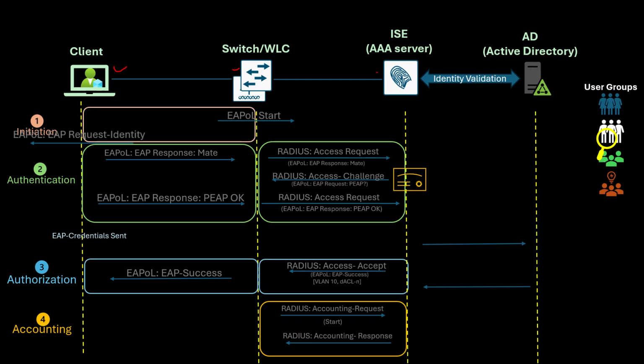The client will send back a user ID in the EAPoL response, and when it is received by the switch, the switch will re-encapsulate that packet into RADIUS.